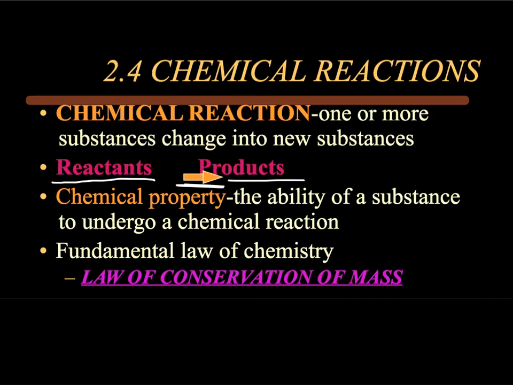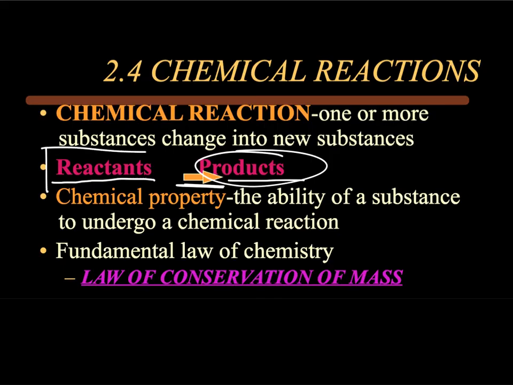So you do need to know the difference between a chemical change and a physical change. We talked about physical changes earlier. Now we're going to focus on the chemical changes. Basically, if you see a new product being formed, then that is an indicator to you that a chemical change or a chemical reaction has taken place.